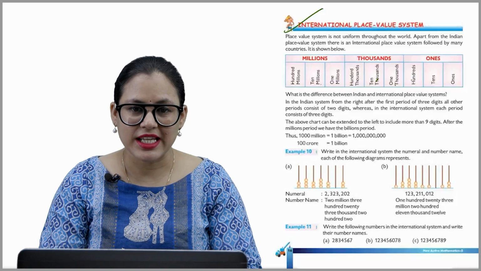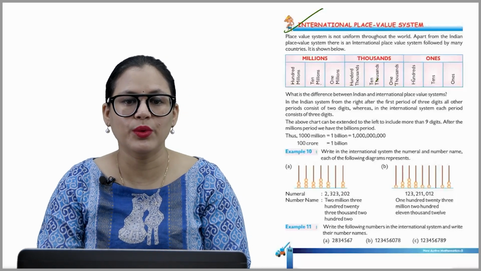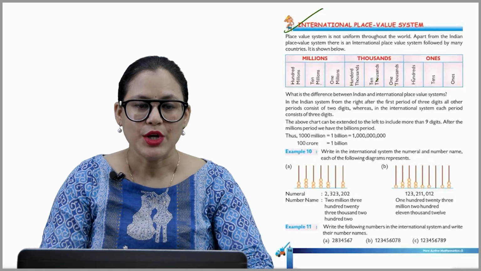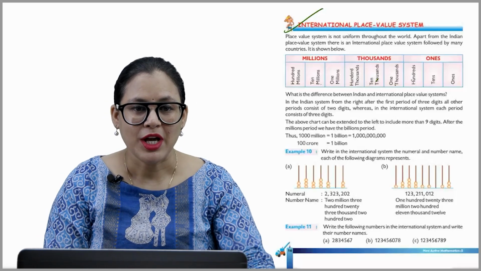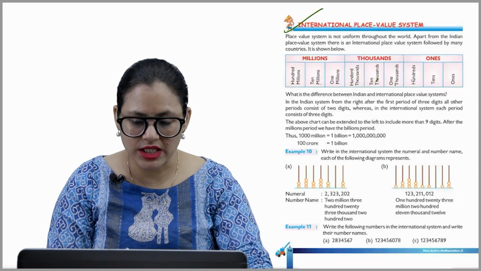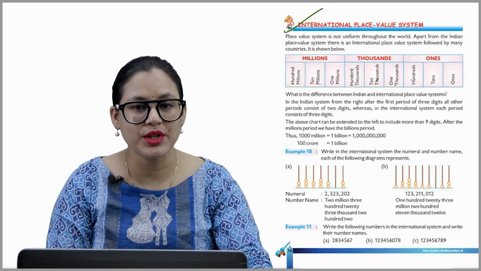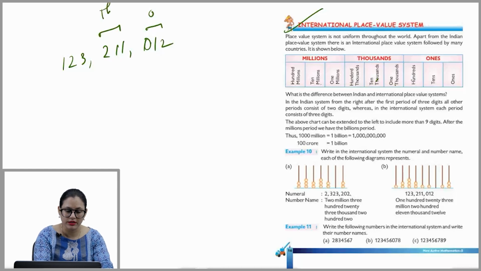Example 10, write in the international system the numeral and number name each of the following diagrams represents. So this is the numeral. How will we write it? Number name, this is 2,323,202. Let's do it. See, this is ones period, this is thousands period, and this is millions period.